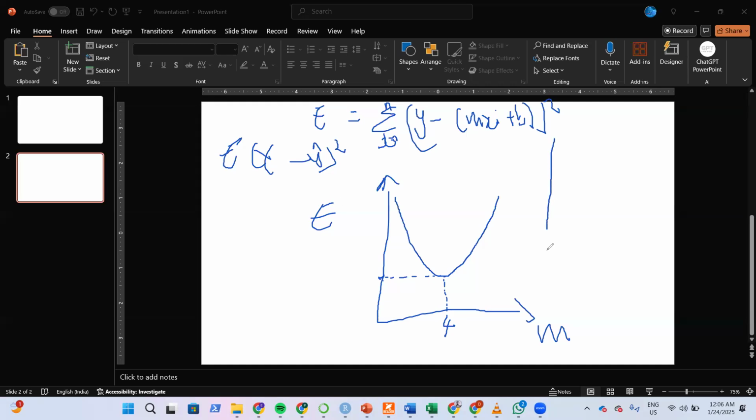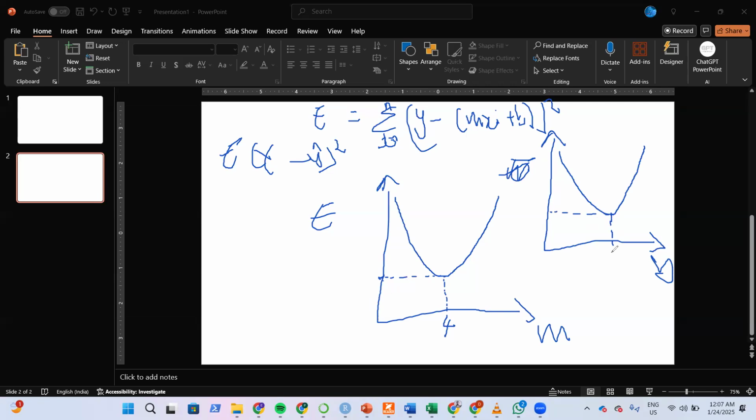And if I do the same for b, keeping m constant, and I plot b against error, then the point where the error is least has a corresponding value for b. Again, b is the y-intercept, the point where the line cuts the y-axis.